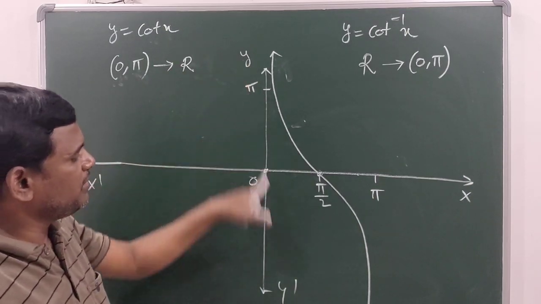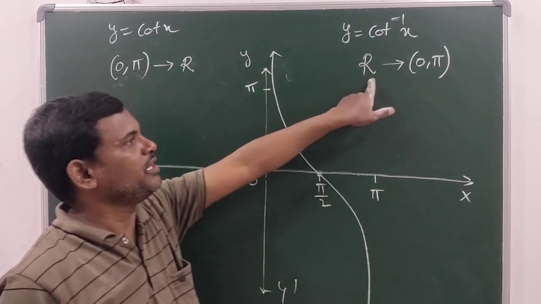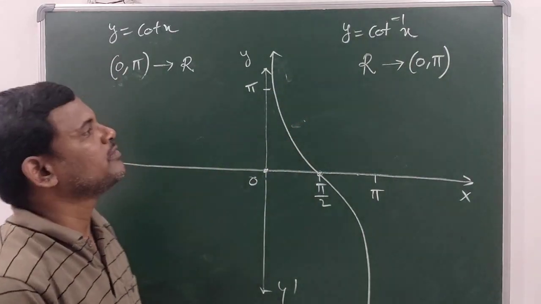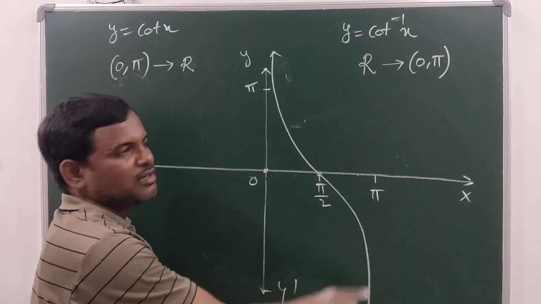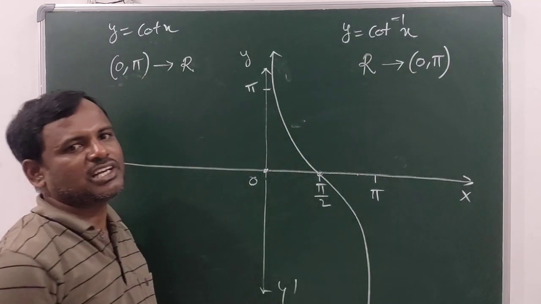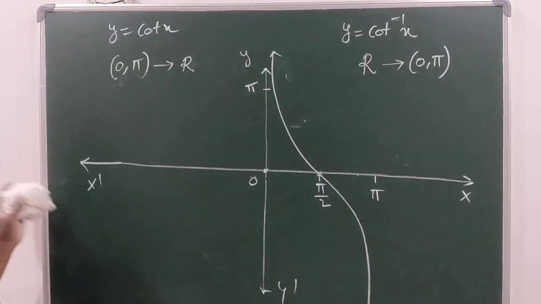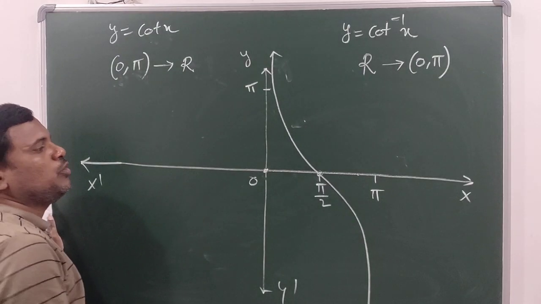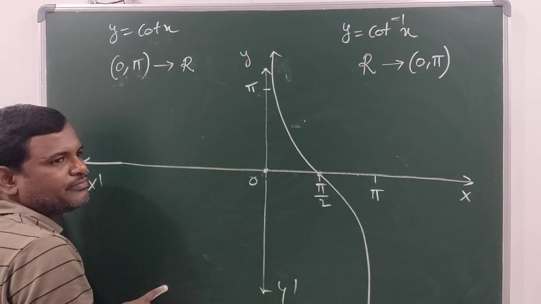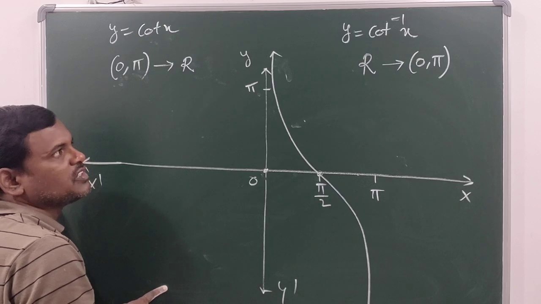The range will be along the y-axis. Now go here, 0 to pi. It is strictly decreasing. Now cot inverse also strictly decreases. How do you get its graph? You have to get the graph between 0 and pi.